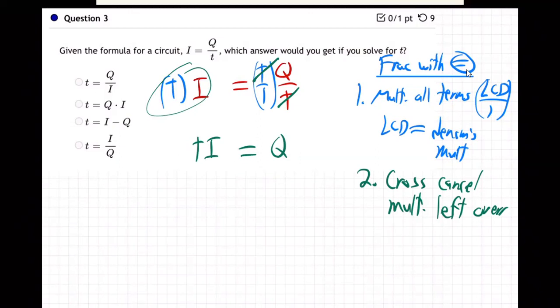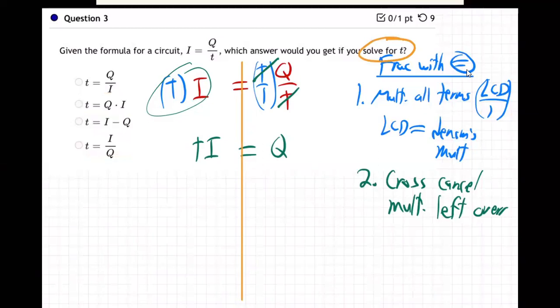Okay, so let me put in the wall of separation here. So are we done? How do we know if we're done? Well, what did they ask us to solve for? T. T, right here. And all these answers have T alone. So we have to solve for T. So let me circle it.